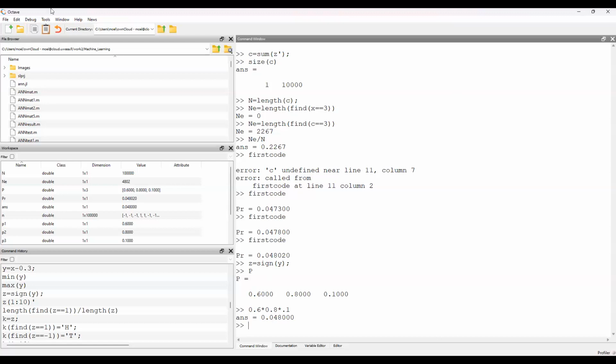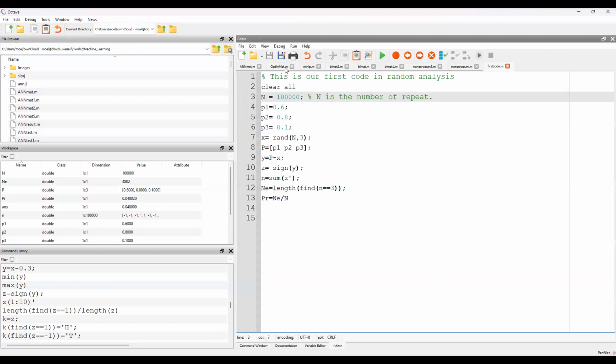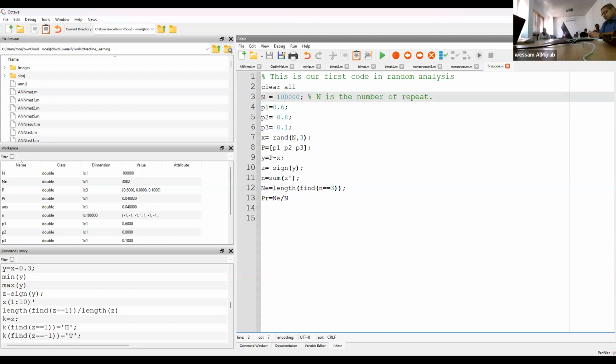Now, I can complicate the example. For example, if the events are not independent but dependent, how will this affect the probability?